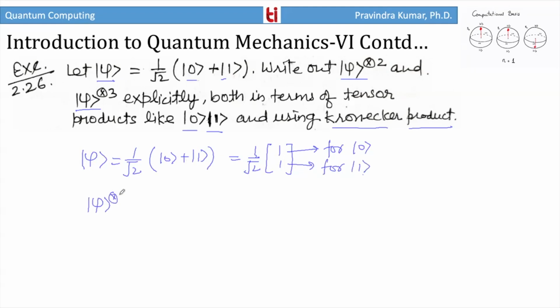Now the tensor product of order 2 will be the tensor product with itself, which is 1 by root 2 [1 1] tensor 1 by root 2 [1 1].